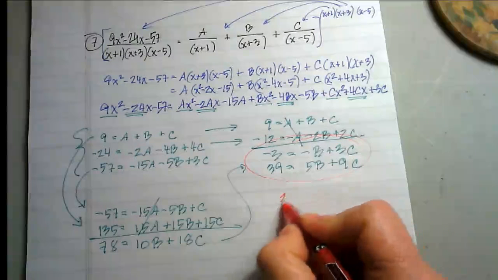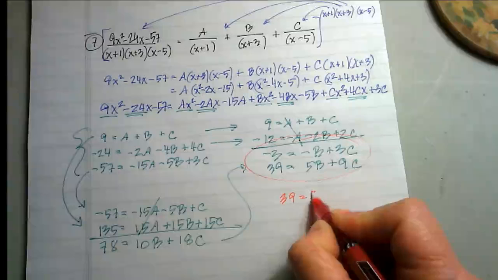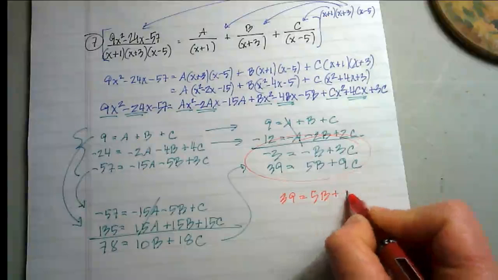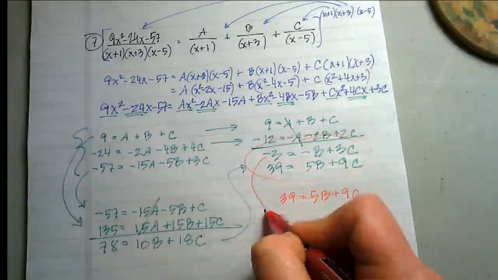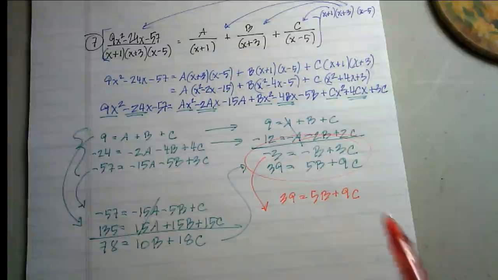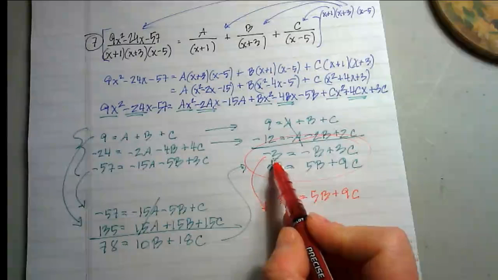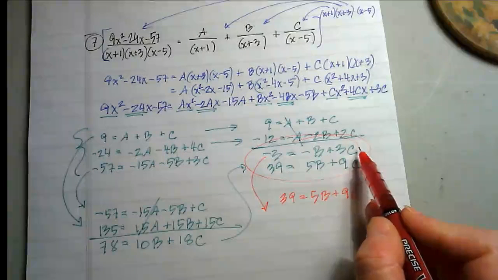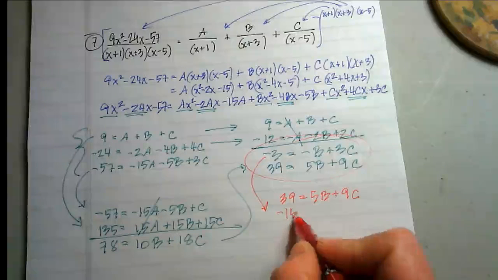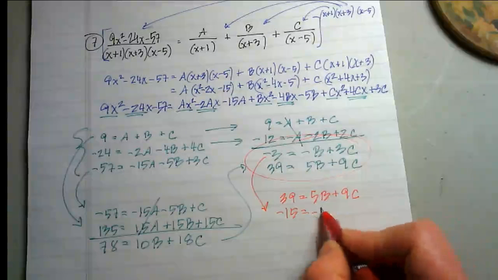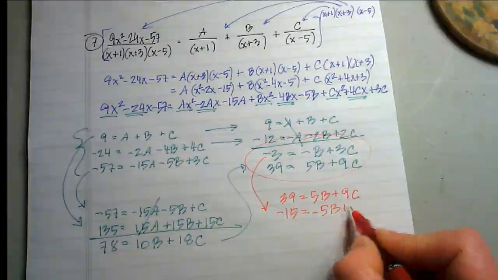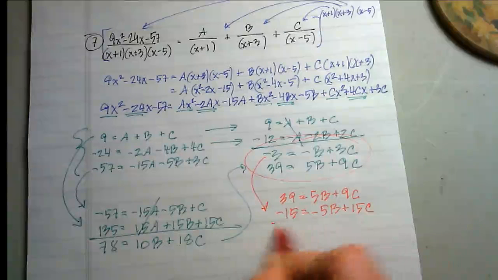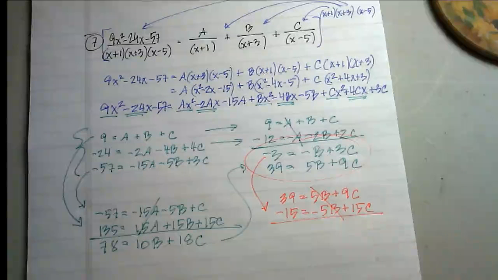I'm going to keep equation 2 and multiply this equation by 5. Eliminating the b.